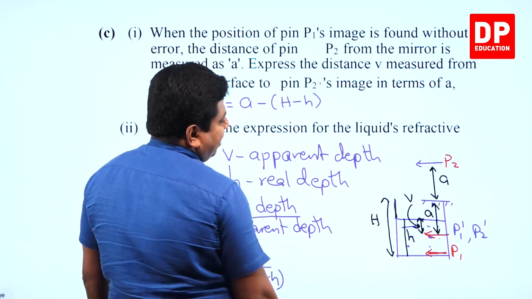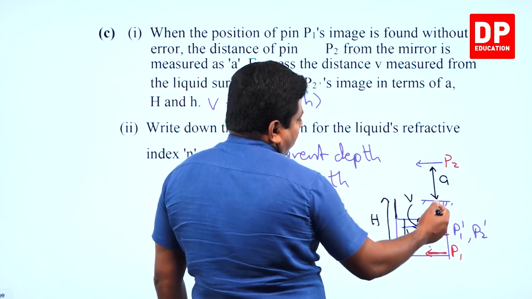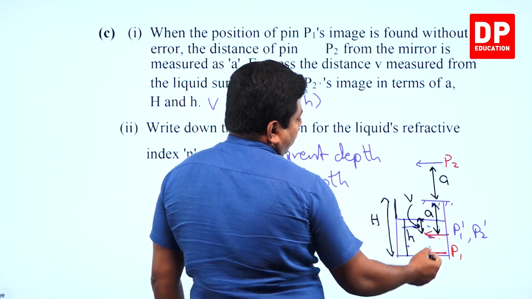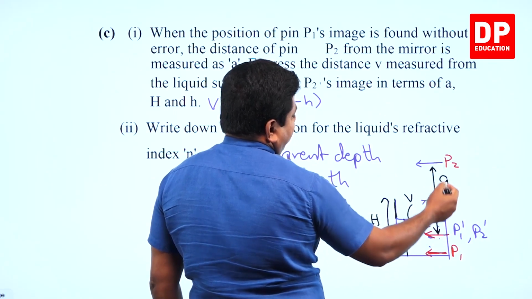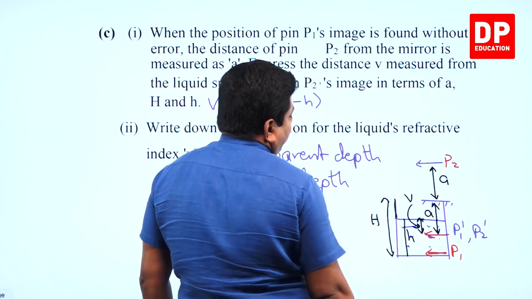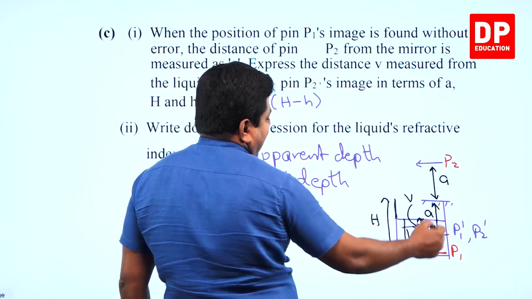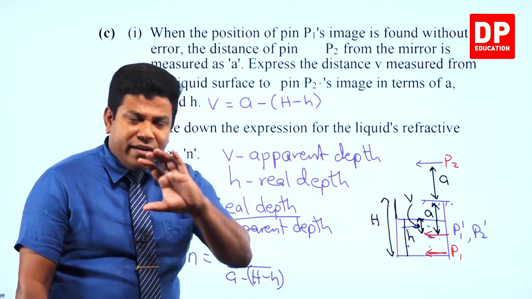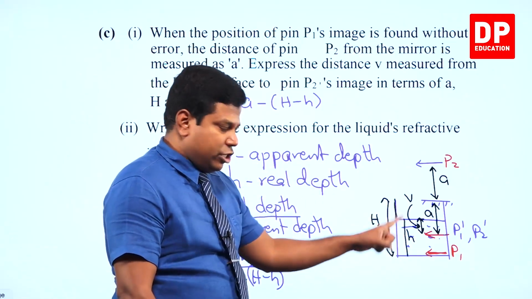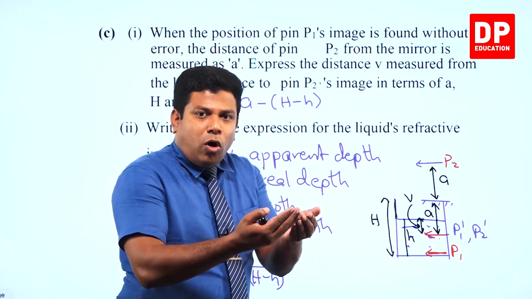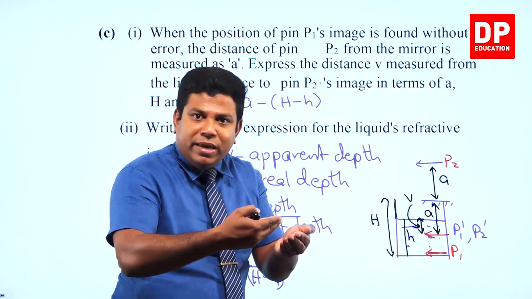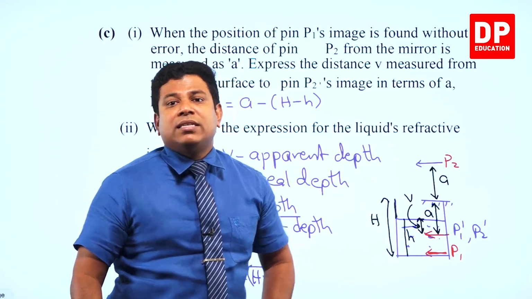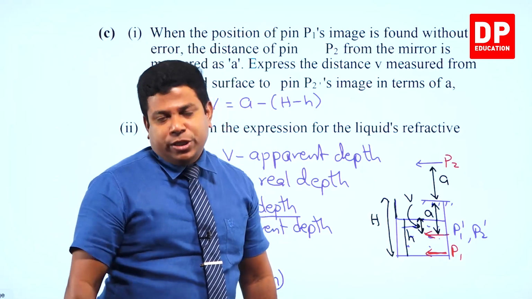So what we can do here is adjust the position of P2, or we can change small h. That means change the amount of water you have in the beaker. When you put more water, the position of the image is going to change. That means the apparent depth will change.